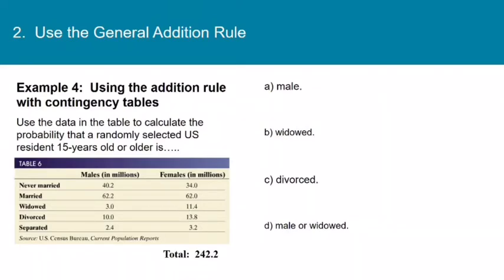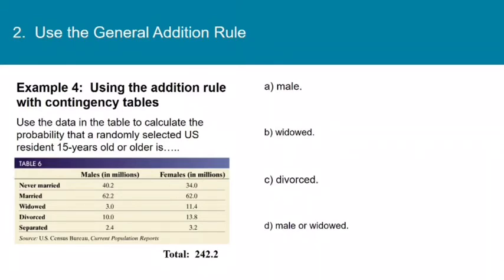For example, we could say the number of married people 15 years or older in the United States is 62.2 plus 62.0 million, and that would be all the married people. Or we could say the number of females in the United States is the sum of all these numbers in millions.